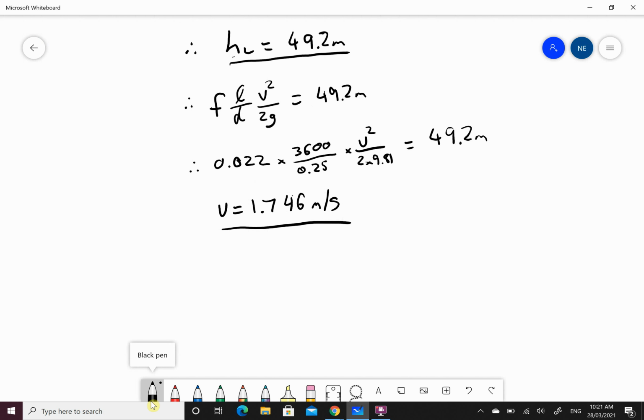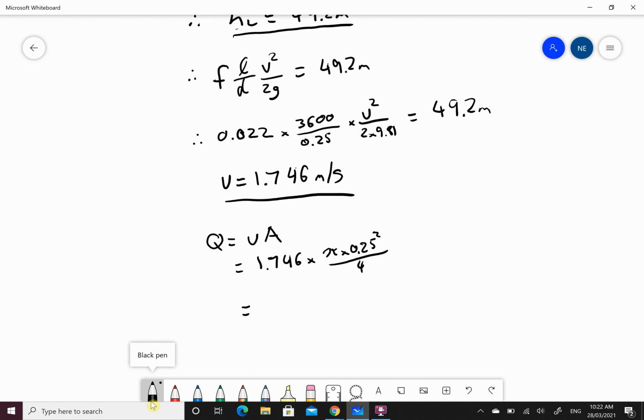Now the next thing I know, Q is VA, 1.746 times by my area, pi d squared all over 4, which equals 85.7 liters per second. Just to bring it back, that's our Q. You can leave it in meters cubed per second, that's fine, but I prefer to bring it back to liters per second.